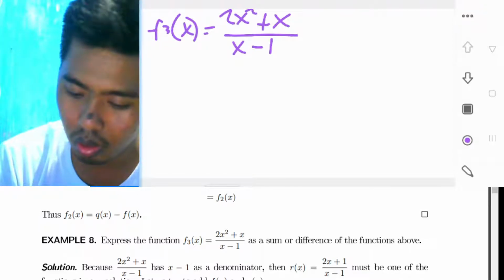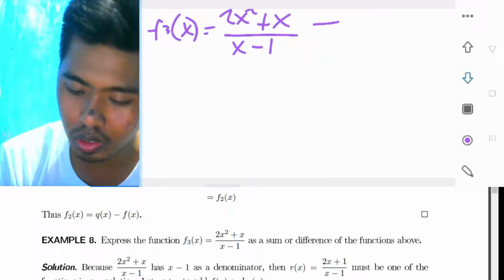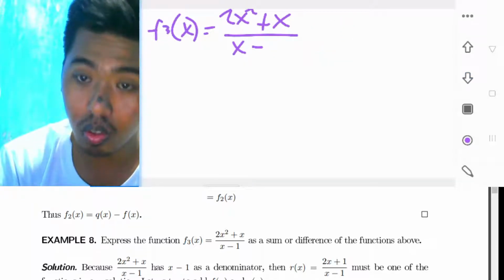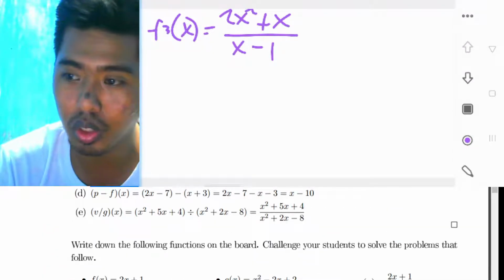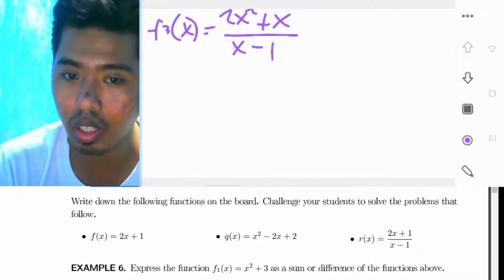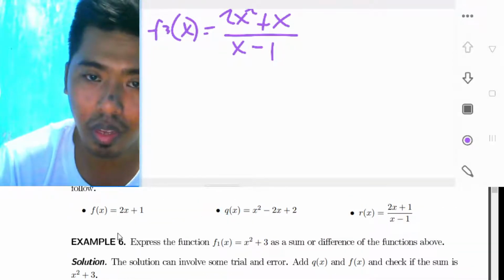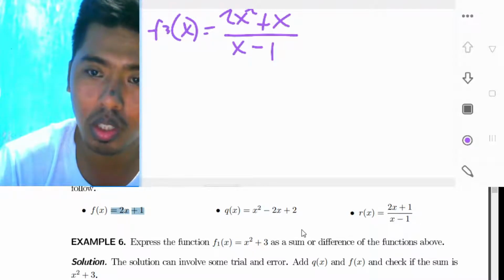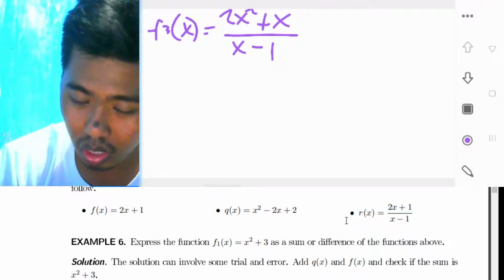So we have two, what do we call this one? This is a fraction, right? If we look back on the given equations, since there are only 3 given, we have f of x, 2x plus 1, q, and this r of x.